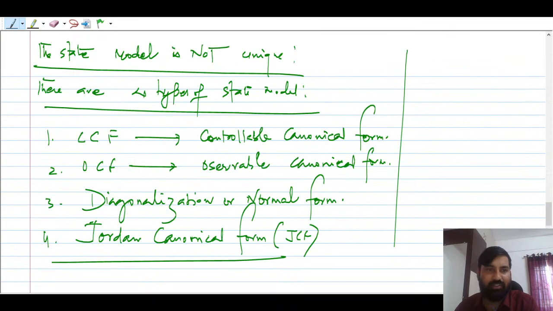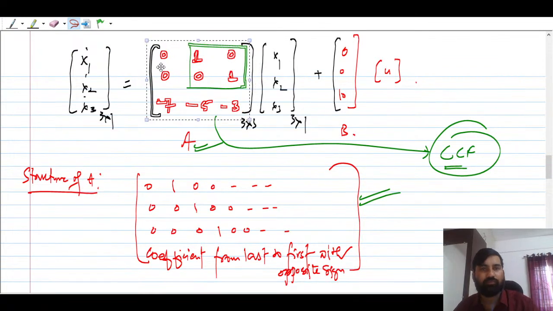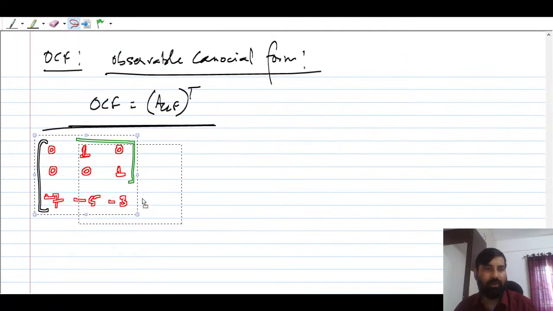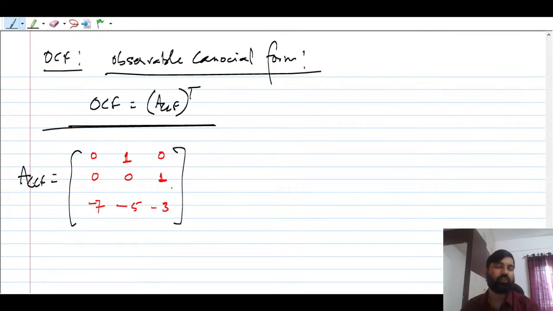Suppose you got this matrix A. This is a matrix that you have got. ठीक है, ये मैट्रिक्स आपको मिल गई है, राइट? So let me remove all these. This is the matrix A that you have got, which is nothing but A CCF, controllable canonical form.